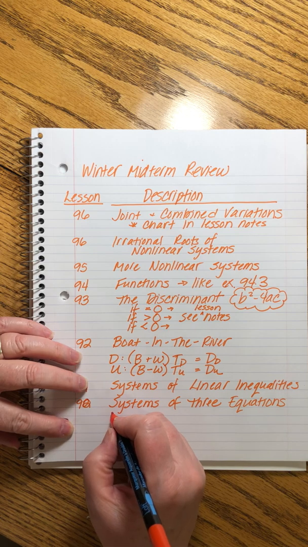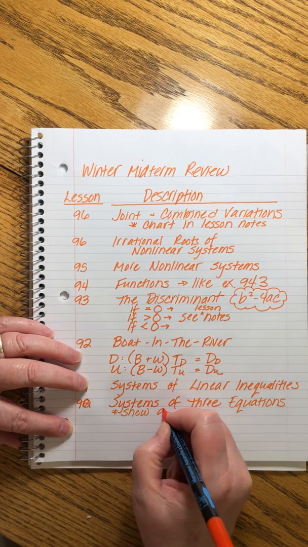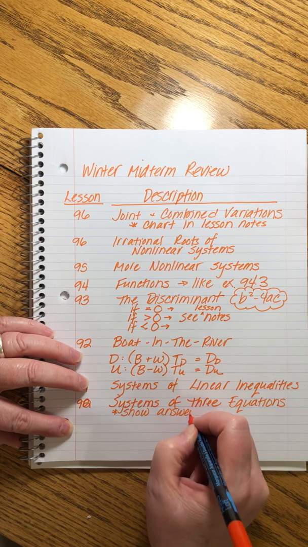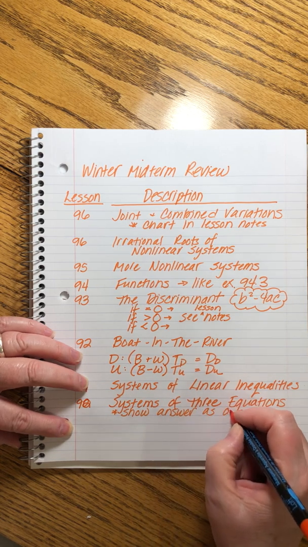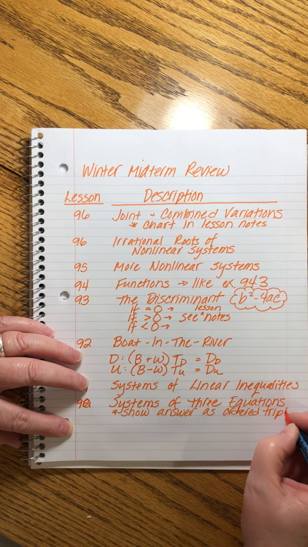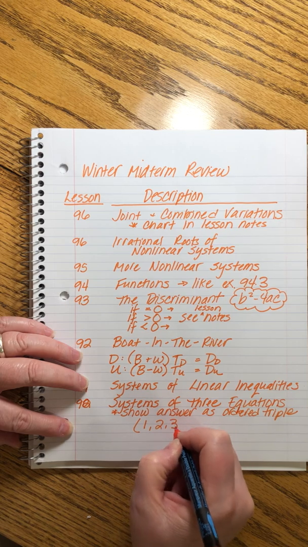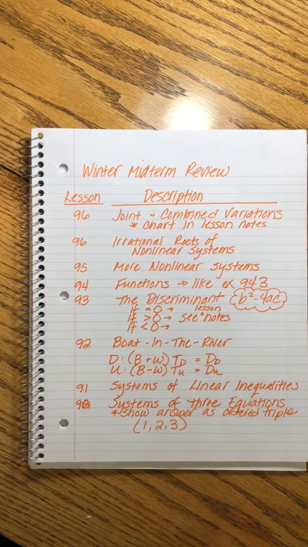And remember that for these, we want to show the answer as an ordered triple, right? So that would be like 1, 2, 3, something like that, all right?